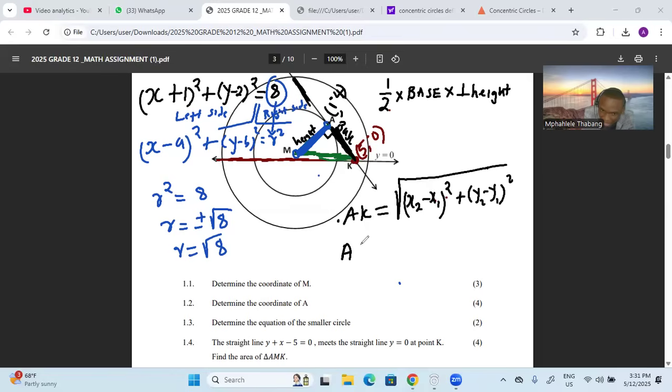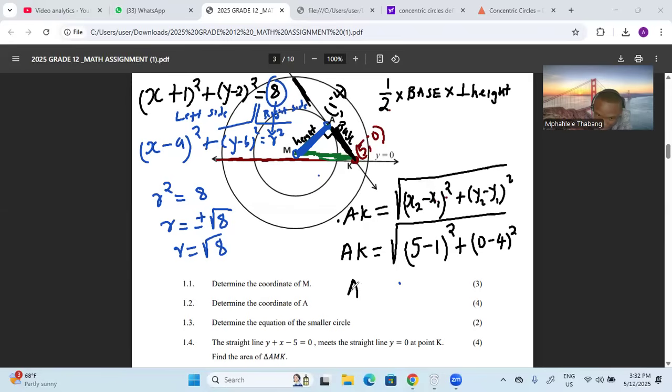Therefore, AK equals the square root of, with the x coordinate of K as my x2, which is 5, 5 minus 1 squared plus my y2, which is 0, and my y1 is 4, 0 minus 4 squared.